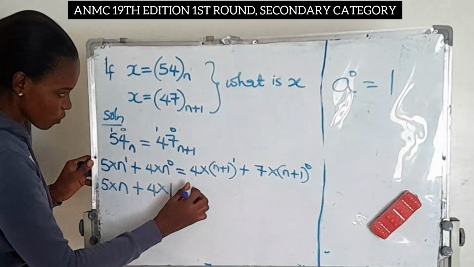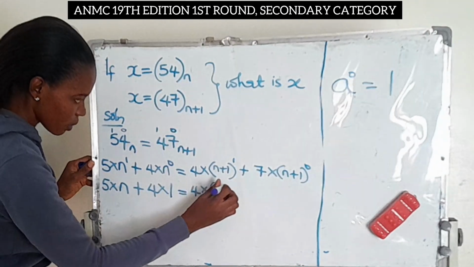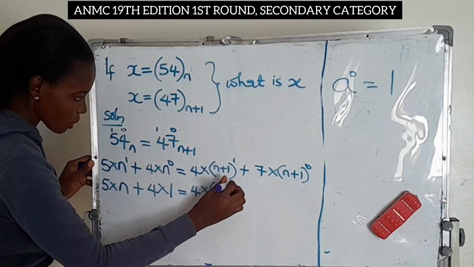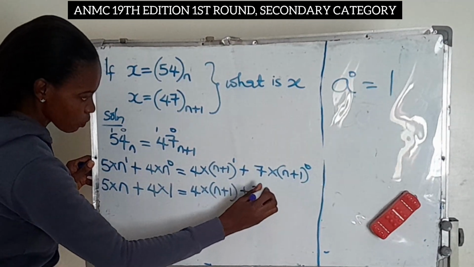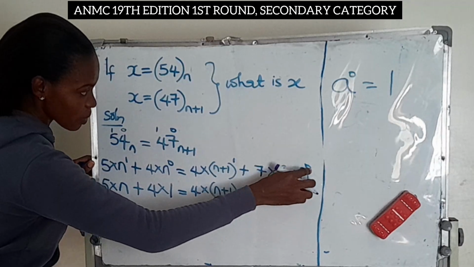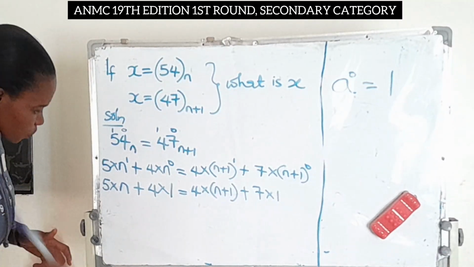This is equal to 4 times n plus 1 raised to the power of 1, which is the same thing as that. Then plus 7 times everything here raised to the power of 0 is 1. Is that understood? Okay, so we'll continue.